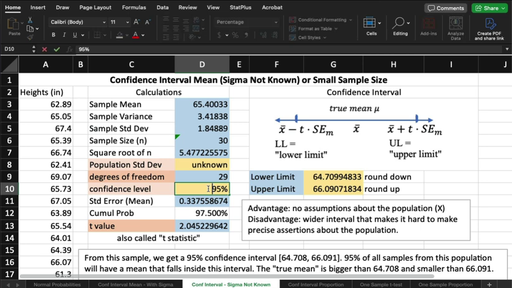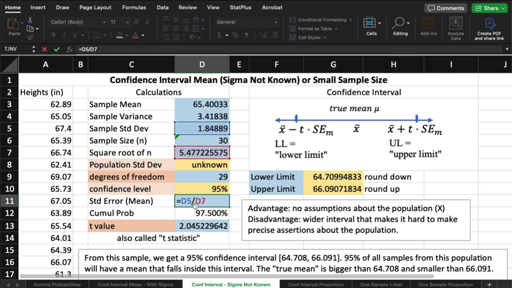The confidence level was just typed in here, and the standard is 95%. If you don't know what it is, just type 95%. But if you're given what the confidence level is, then that's what you would type in here into cell D10. The standard error of the mean, then, that's in cell D11.